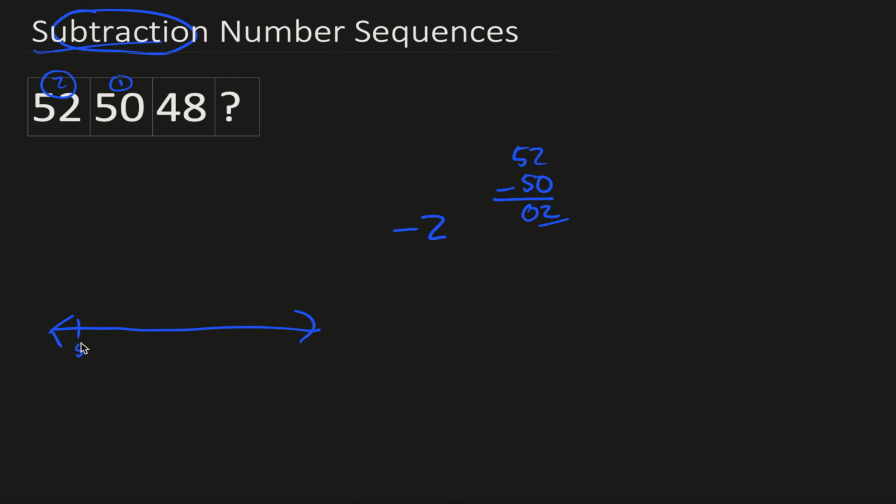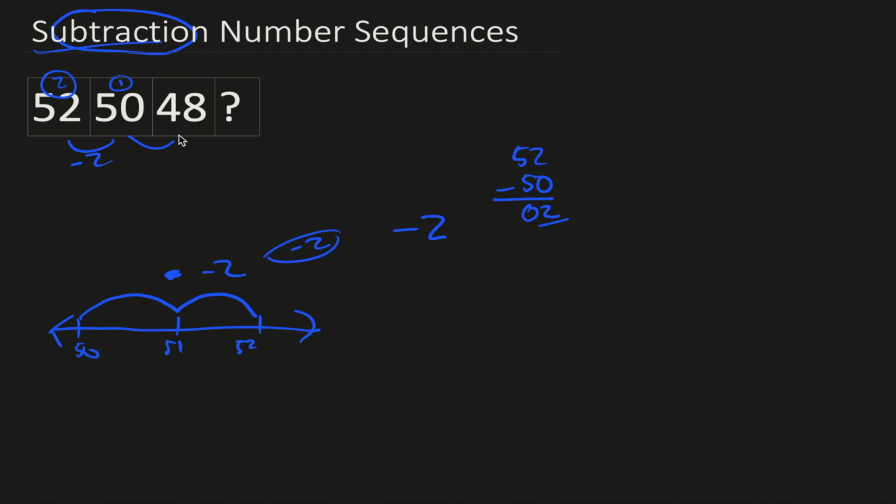Let's go. We have 50, 51, 52. Let's make the jumps. 1, 2. So it's like minus 2. These both are the same, so minus 2 is the answer we have.